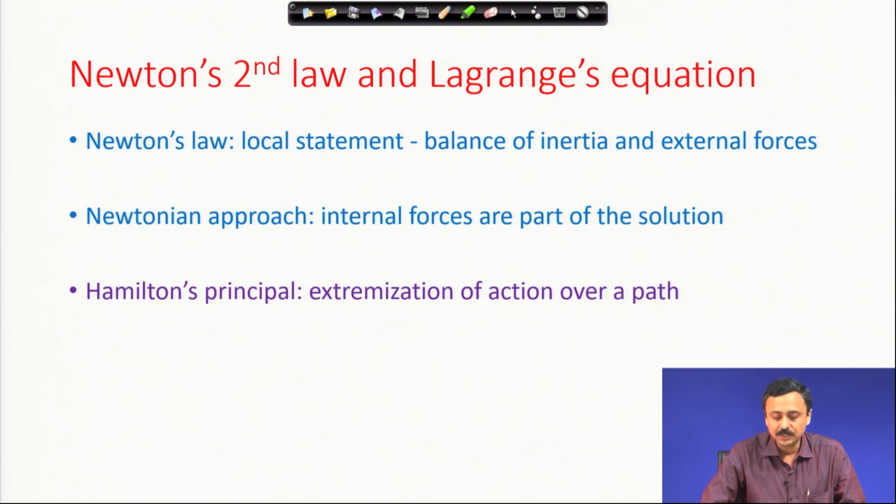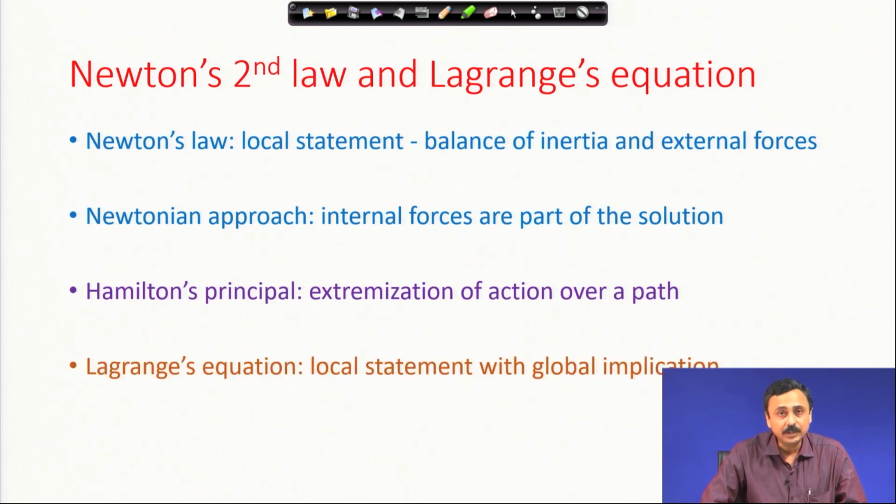Therefore, Hamilton's principle is some kind of an extremization of some quantity which is global, which is defined over the whole path that we are interested in. So, extremization of action over a path, this is a fundamental difference.